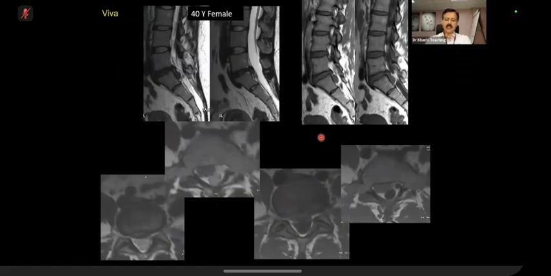Okay, degenerative disc disease is the most common clinical concern in your practice, and more MR lumbar spine are done for degenerative disc disease than anything else. I have no time to teach you degenerative disc disease and the terminologies. But having said that, there is a disc herniation.